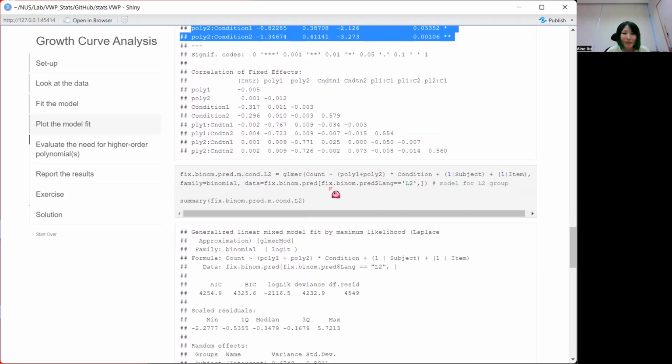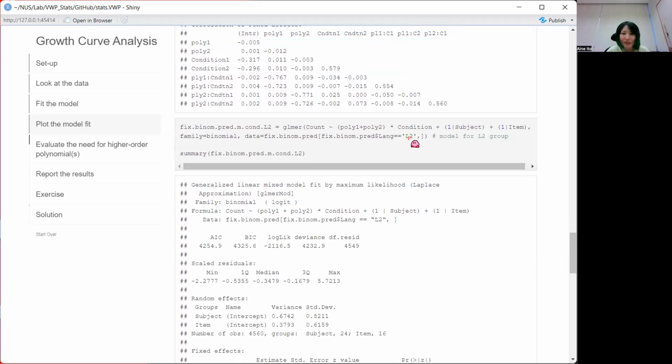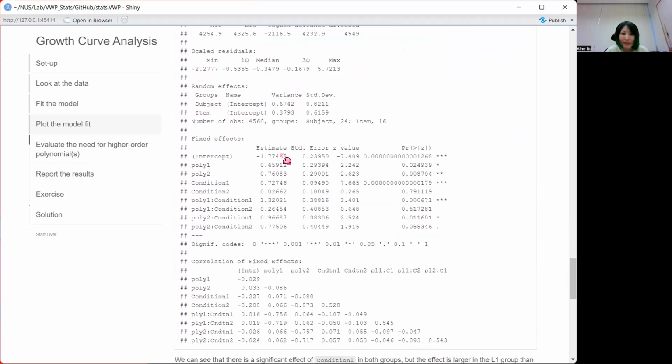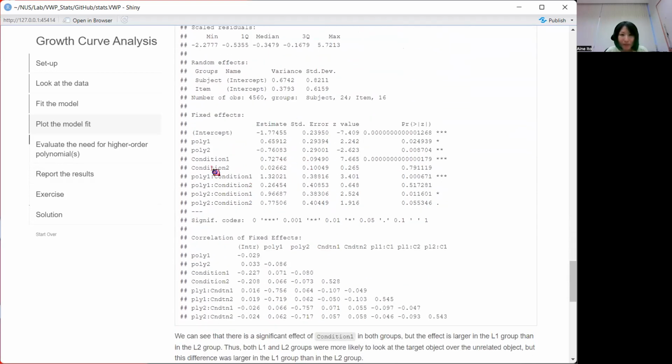If we run the same model in A2 speakers, so this time we just changed this group to A2, nothing else changed in the model. We look at the same fixed effects. We now no longer see the effect of condition 2, so there's no difference between the English competitor and unrelated condition.